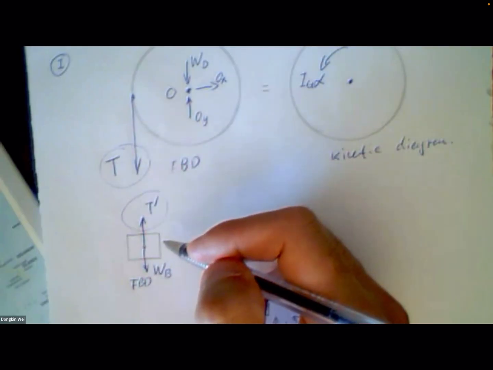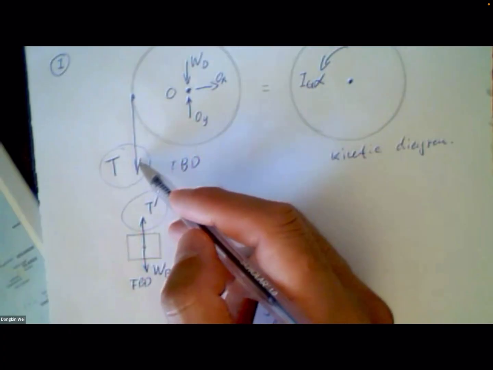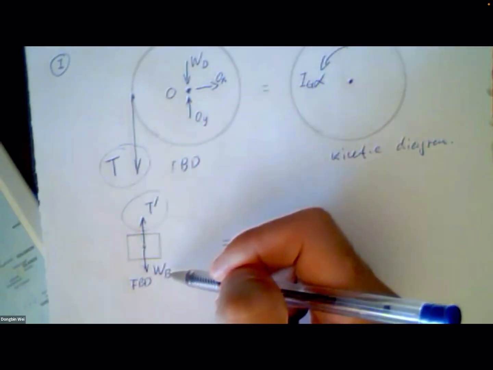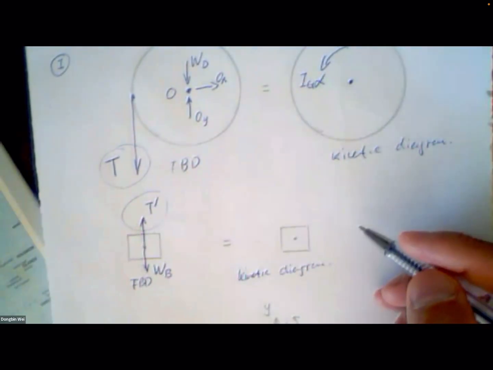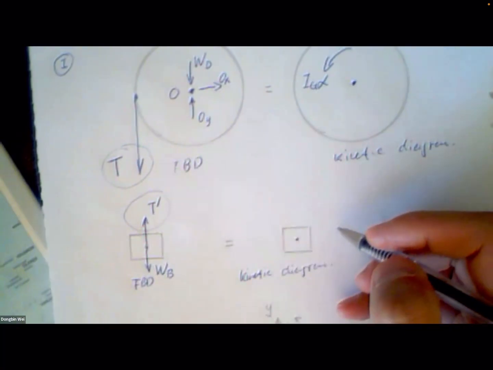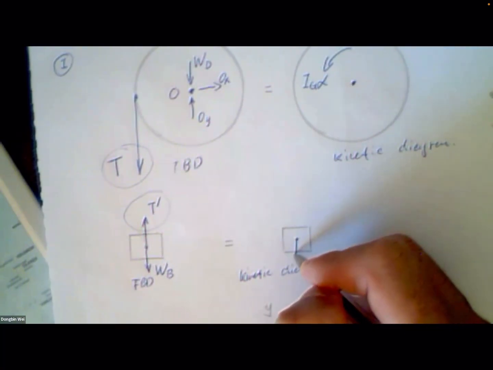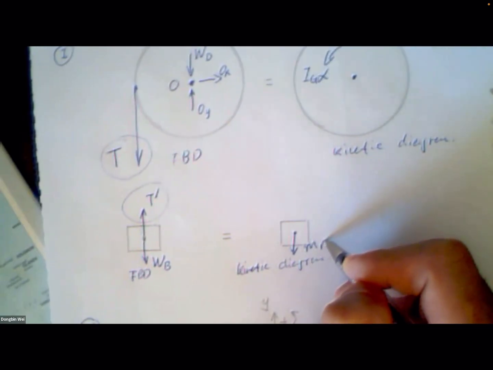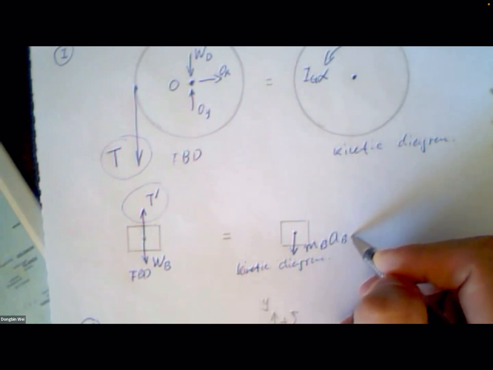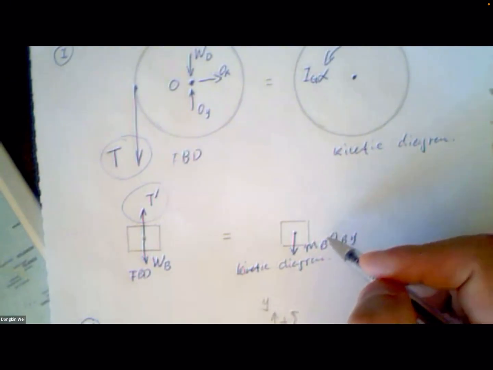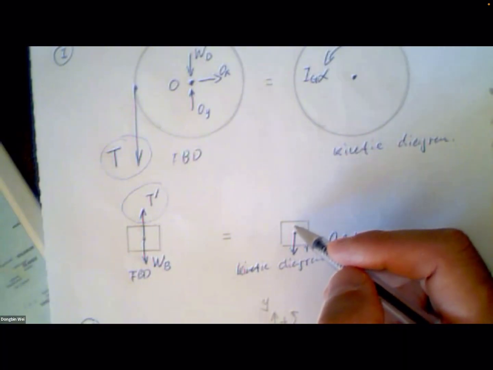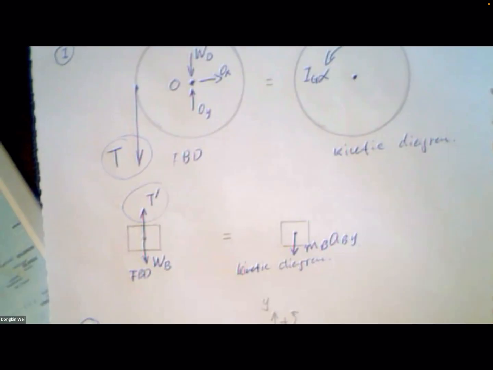These two should be equal to each other: the magnitude should be the same, but the directions of T and T prime are opposite. In this kinetic diagram for the block, because this is a rectilinear translation, we have m_B a_B,y. And a_B,x definitely should be 0 because the motion is rectilinear and downward.